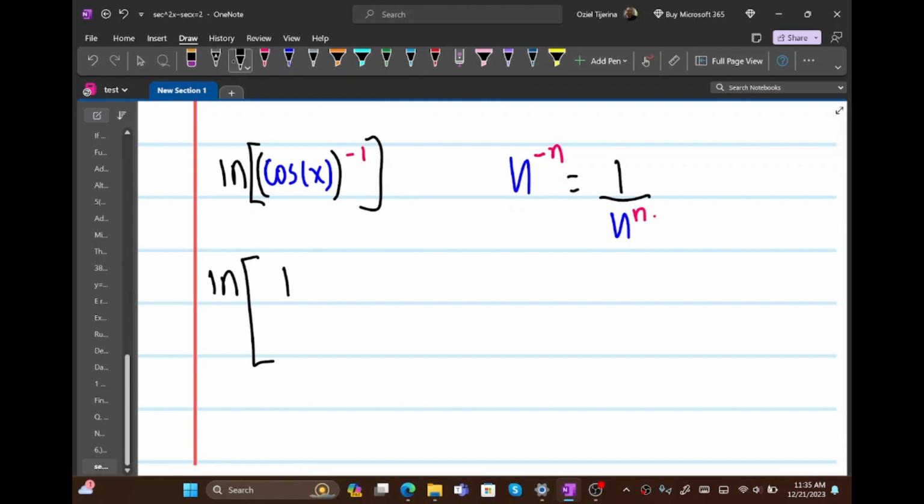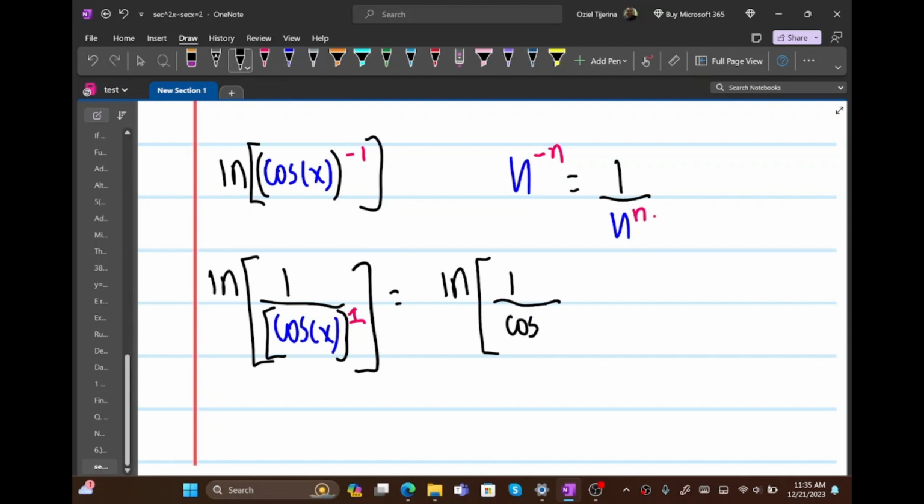It's going to be 1 over cosine of x. And obviously, I know that we raise it to the first power. However, since it's to the first power, we don't really have to do anything with that. So in other words, this is going to equal natural log of the quantity 1 over cosine of x.